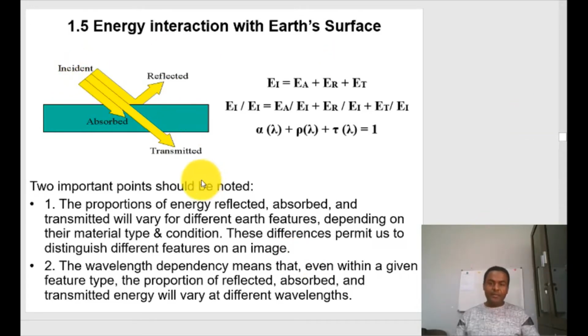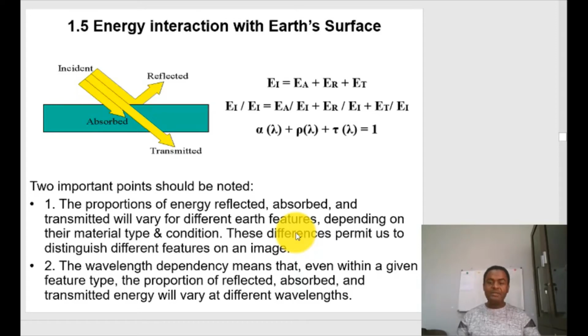But in remote sensing, it is very important to pinpoint two most important points. One, the proportion of energy reflected, absorbed, and transmitted will tell you the nature of the material type, the nature of the object.